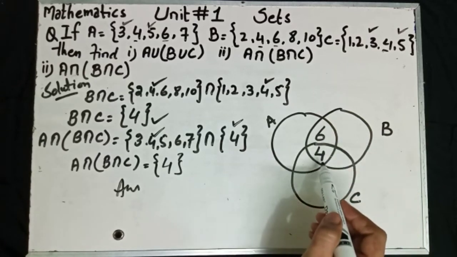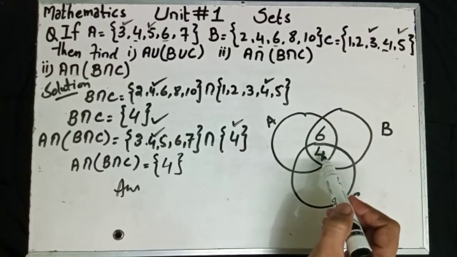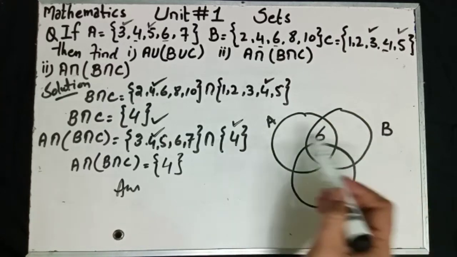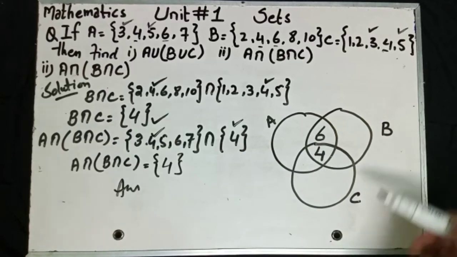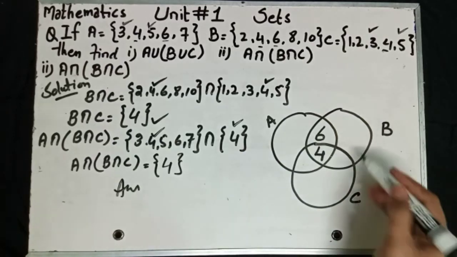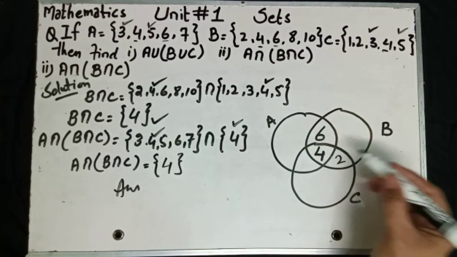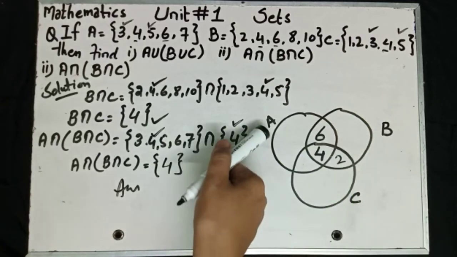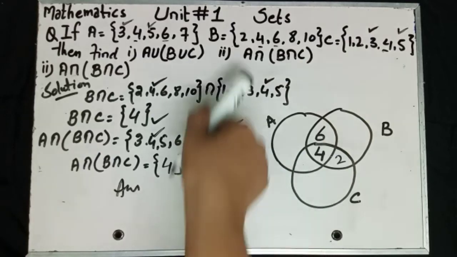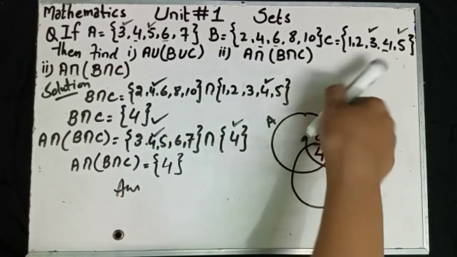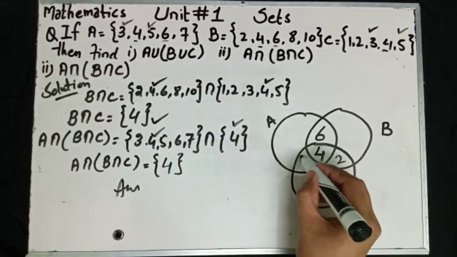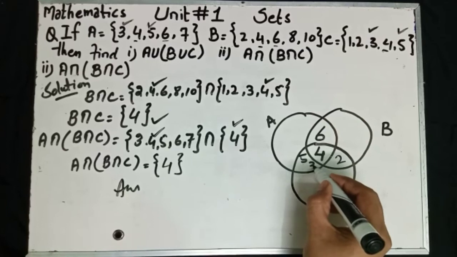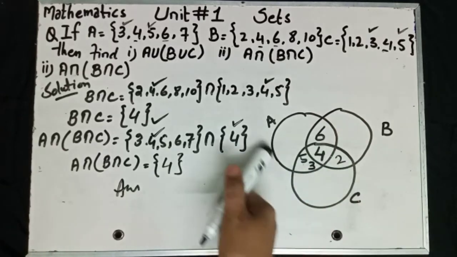In set A and B, 6 is common, we write it over here. Between B and C, the common element is 2. Now check common elements between A and C: 5 and 3 are common.